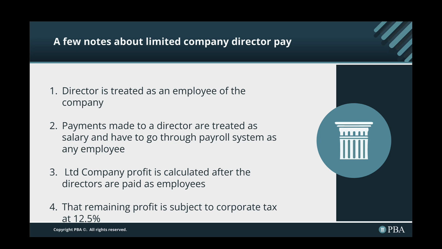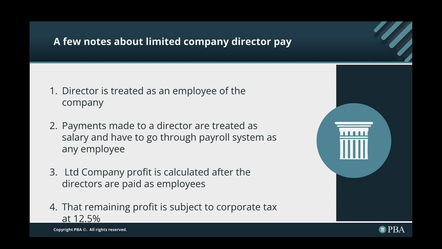Limited company profit is calculated after the director's salary has been taken out. Just like we said, you're an employee, same as your other employees, and that will be included in the profit calculations, which again we would have seen in the module on What's My Profit. Any remaining profit after the directors have been paid their salaries is then subject to corporation tax, which is at 12.5%.